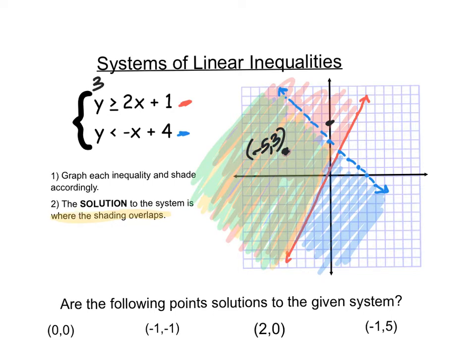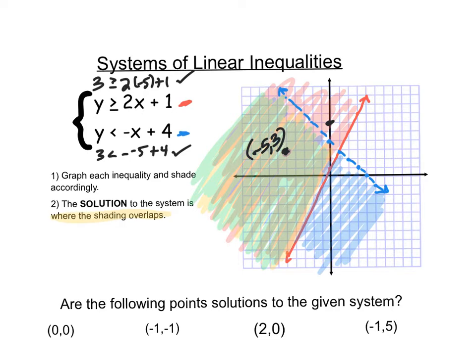So that means we're going to have 3 is greater than or equal to 2 times -5 plus 1. Is 3 greater than -9? Yes, so that one checks out. And then let's do the same thing here. 3 is less than -5 plus 4. That is 3 is less than 9, and that one also checks out. So that's one way to make sure that you did your shading properly as well.